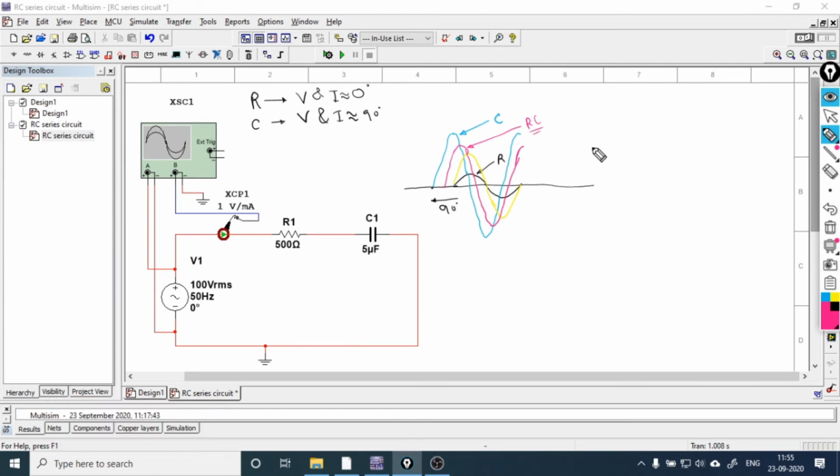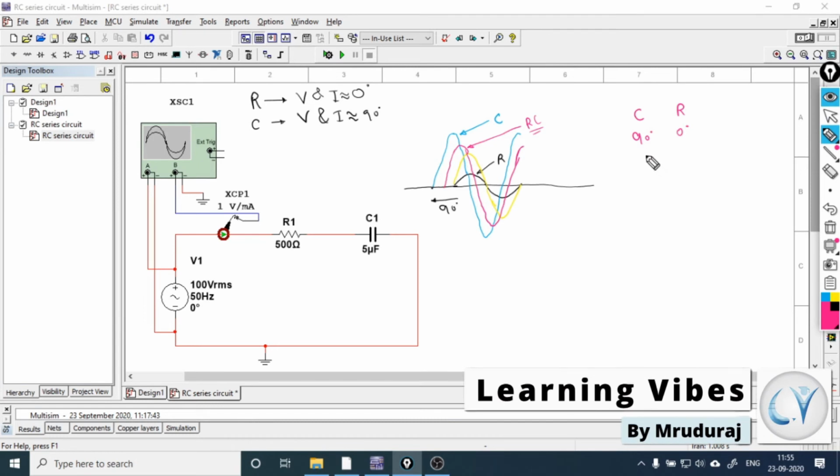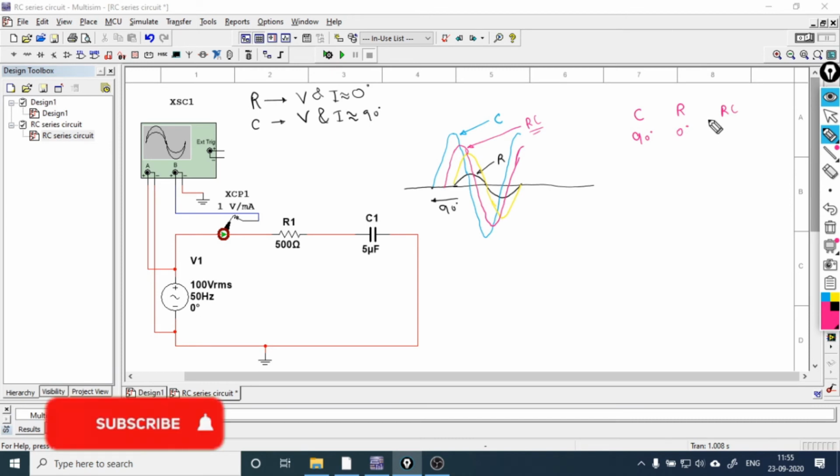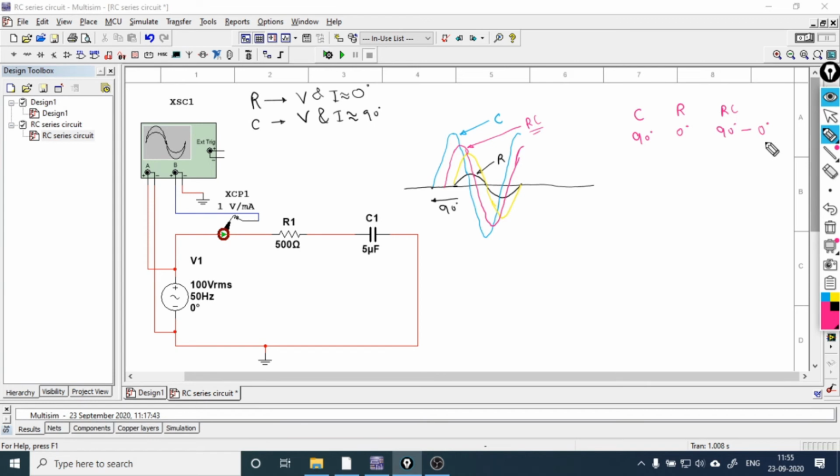From this we can make some conclusions. When the circuit is purely capacitive, current leads by 90 degrees. When the circuit is purely resistive, voltage and current are in the same phase. But when the circuit is RC type, current will be leading the voltage, but by an angle between 0 and 90 degrees.